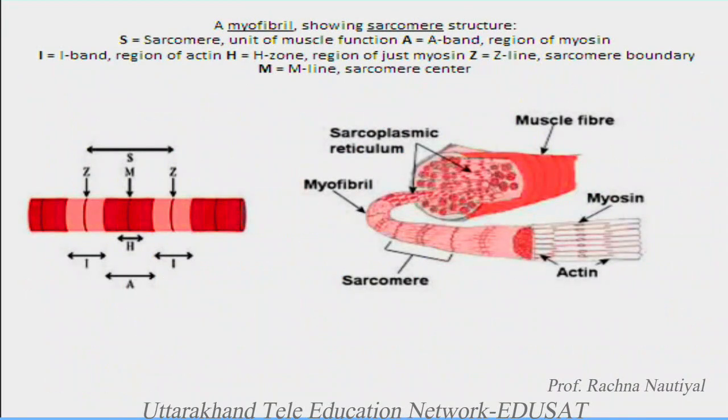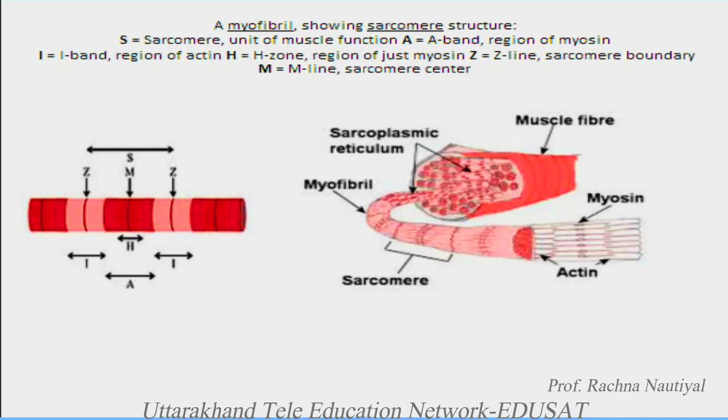Now this is a more descriptive view of the muscle fiber. This is a myofibril, or muscle fiber, showing sarcomere structure. There are a number of sarcomeres in one muscle fiber, as I have told you. Now what are the different parts of the sarcomere? S means the sarcomere.